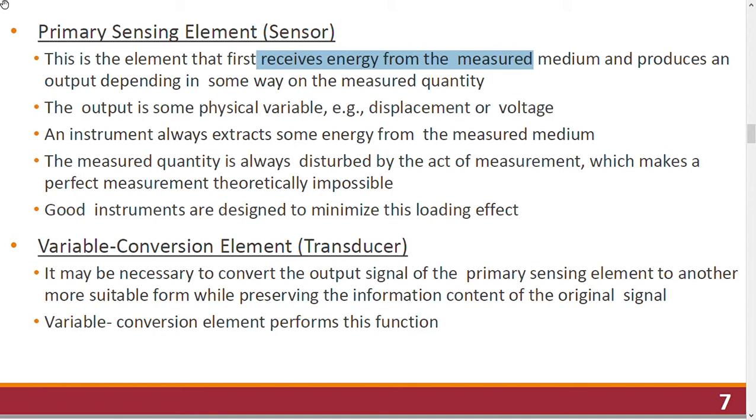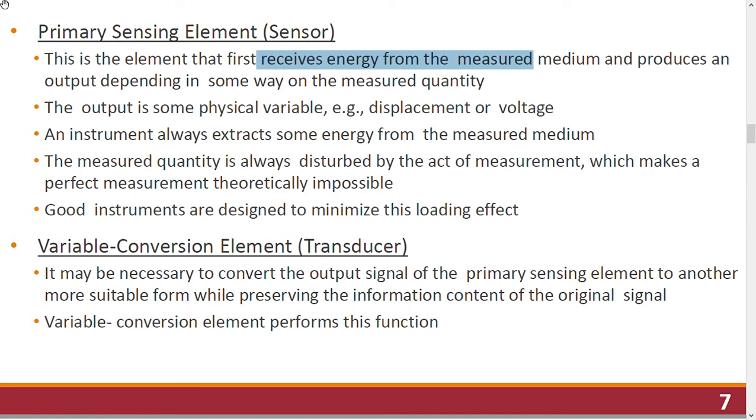Say, we can take an example of your tachometer, which is used to measure the RPM of a shaft. Now, the tachometer will be made to touch the shaft. So the end of the tachometer will rotate with the same RPM as that of your shaft. So the power for rotating this tachometer is derived from the shaft power.